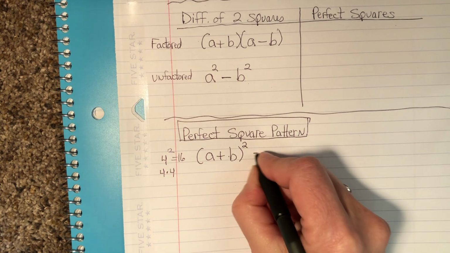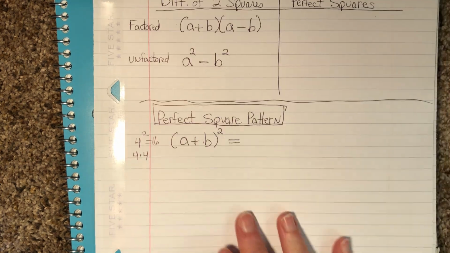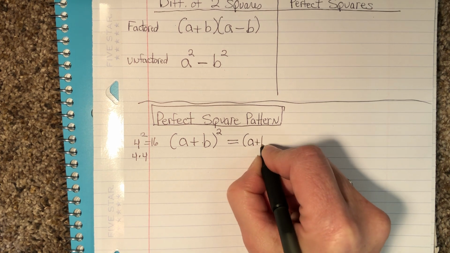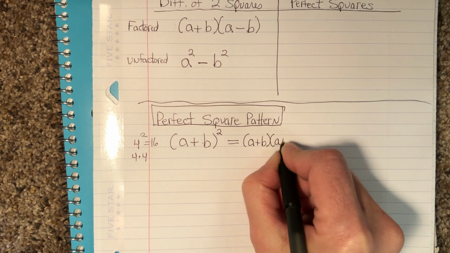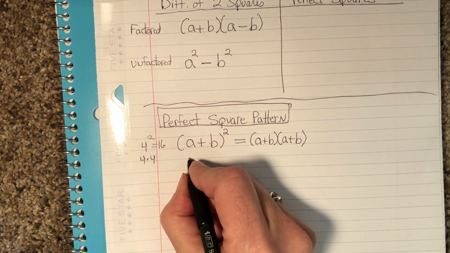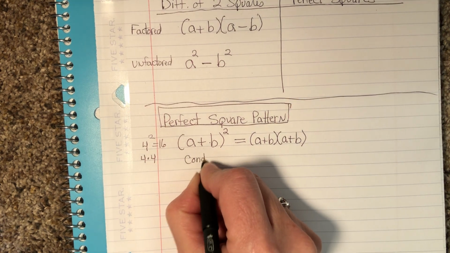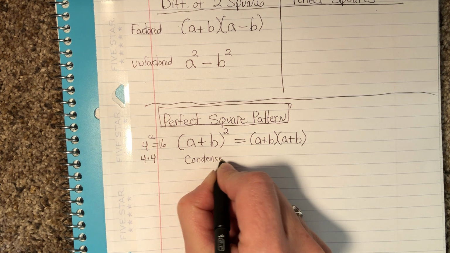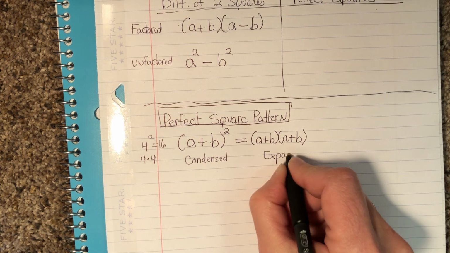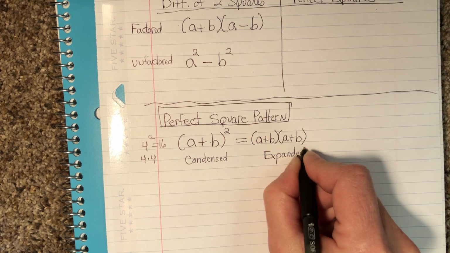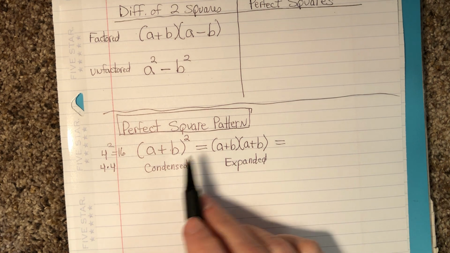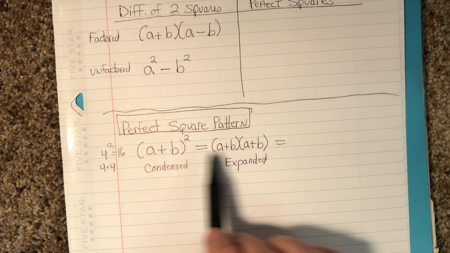That's going to equal A plus B times A plus B. I'm just going to stretch it out. This is condensed and this would be expanded, but it's the same thing. Now, let's say we FOIL this out. So far, these are factored, in the parentheses.